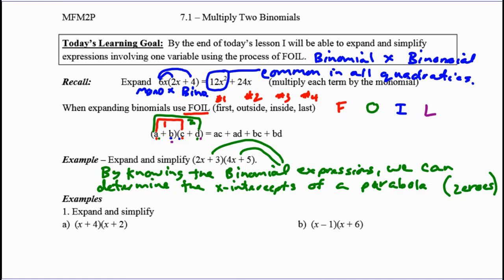Now inside to inside, that's step 3. The marker's not very clear. And finally, last to last, and that's step 4.